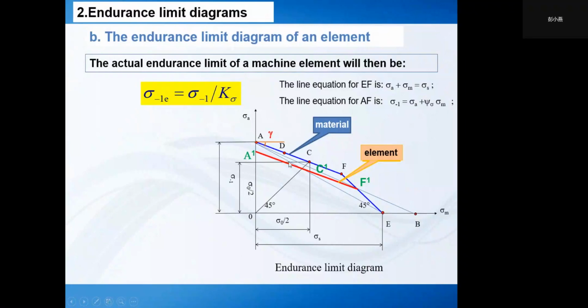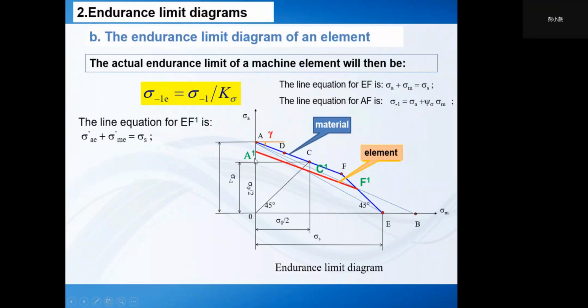So the curve should be modified. The line AF is modified to line A1F1, and this is the equation for AF.